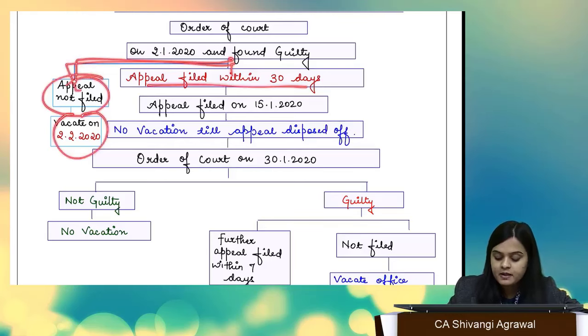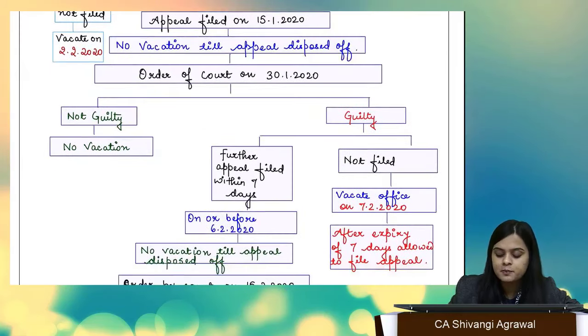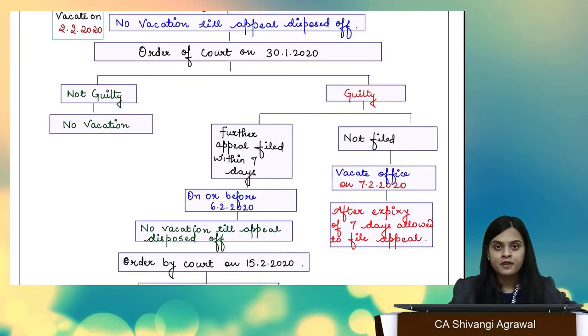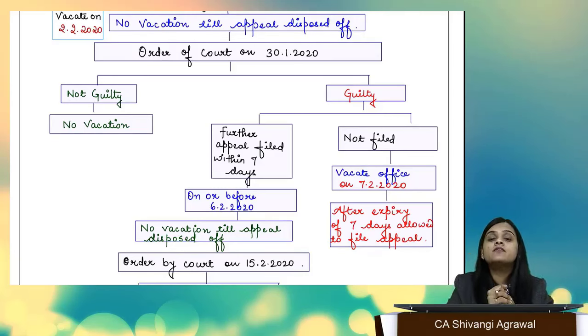If I file the appeal within 30 days, then I will not vacate office till this appeal is disposed of. See, if the court has declared me as guilty, I am disqualified, I cannot be appointed in any other company, but the directorship that I am holding is going to be delayed if I file the appeal. So I don't have to vacate immediately. I will vacate when the appeal gives its order.